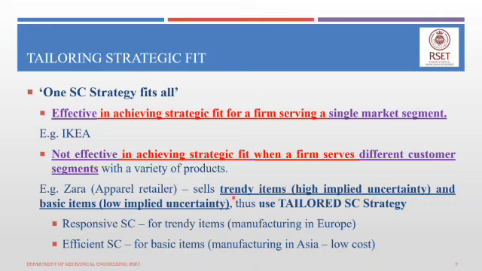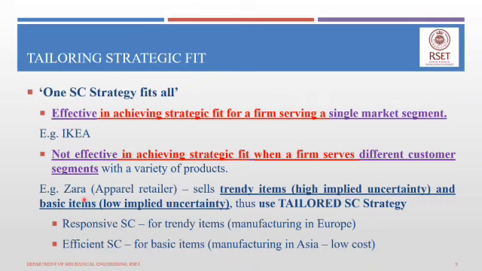Therefore, the supply chain that deals with the sale of trendy items has to be made highly responsive. At the same time, Zara also sells basic items like white t-shirts, where the demand is fairly steady. Therefore, the demand uncertainty faced by the supply chain will be low. Thus, it has to focus more upon being efficient.